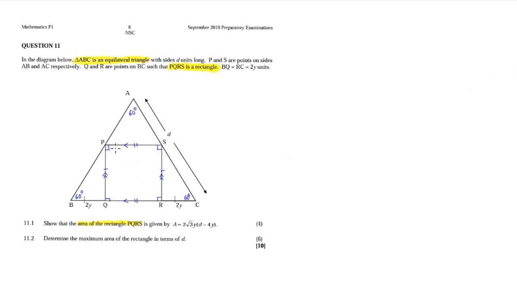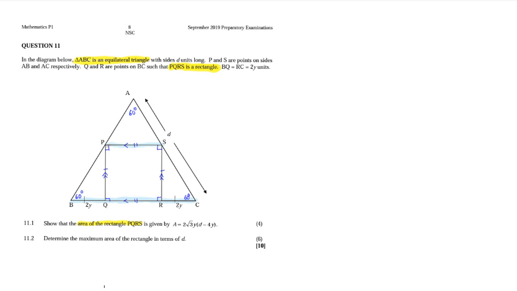You can see now that this line PS is parallel to this side BC, and because of that, we have the situation of a line parallel to one side of the triangle. And that is the proportionality theorem, the triangle proportionality theorem. All right.